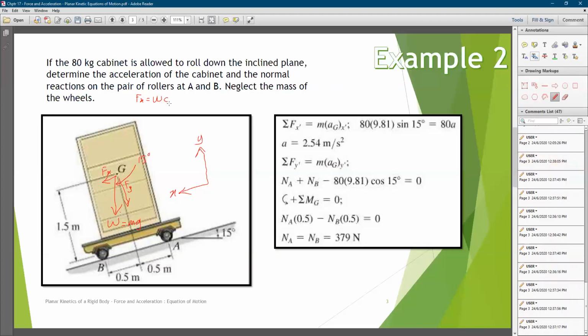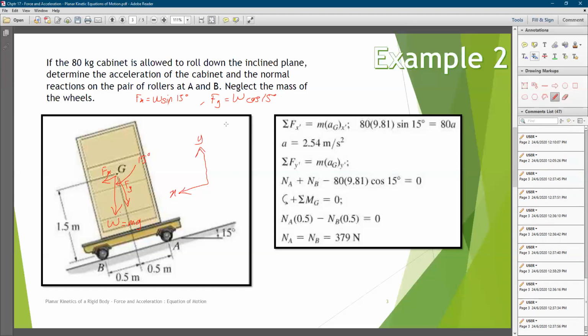It should be sine 15 degrees, and the Fy is equal to W cosine 15 degrees.